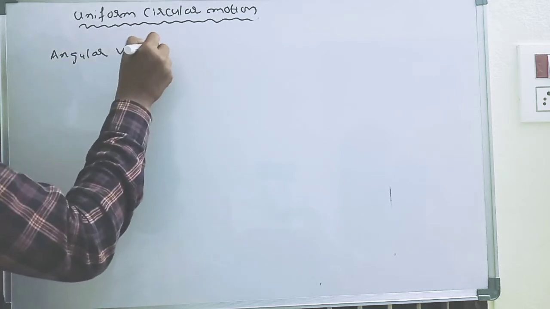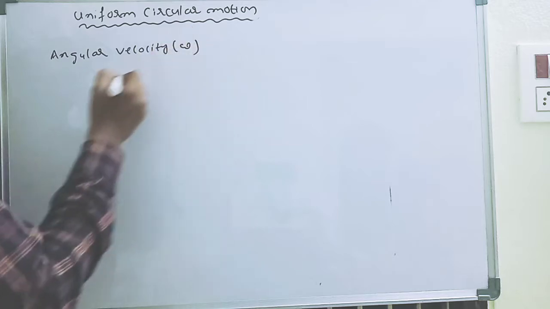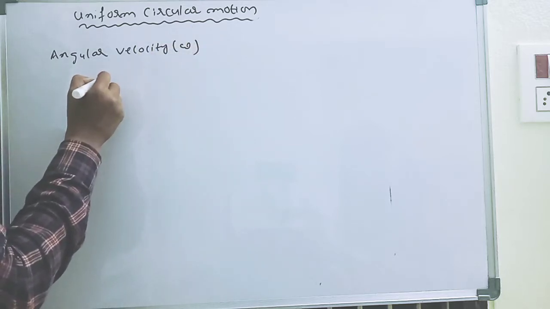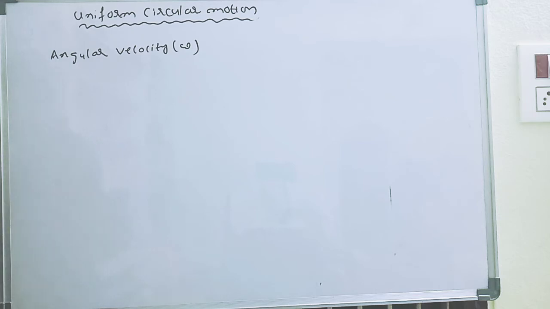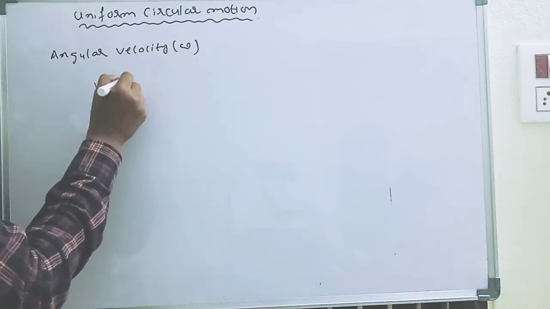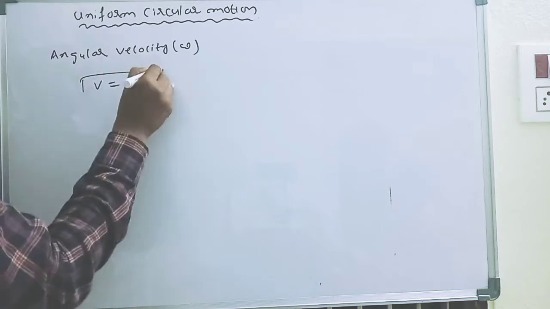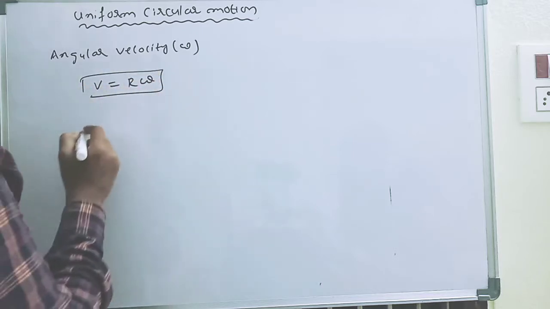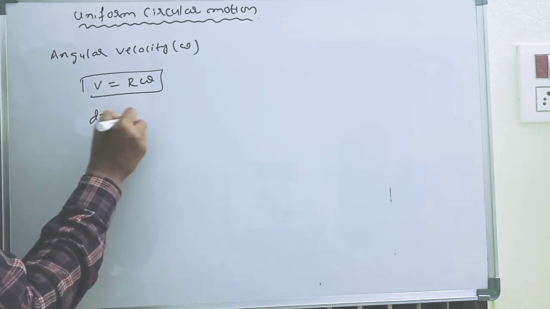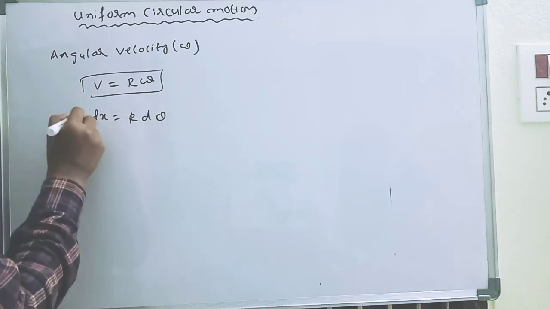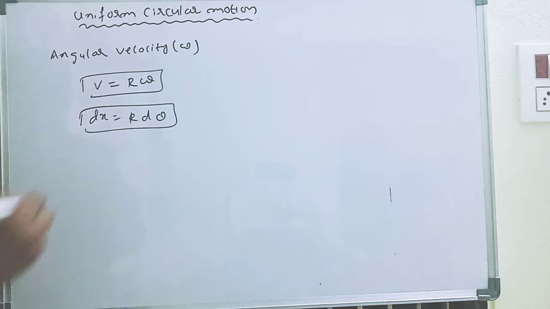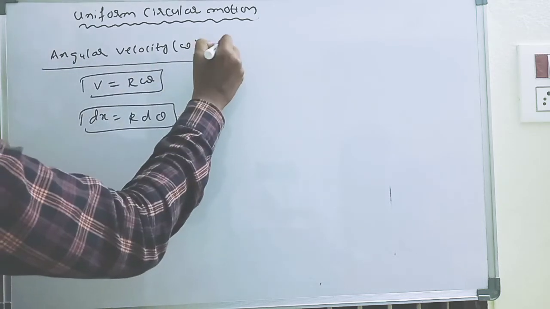Angular velocity omega, and we are getting v is equal to r omega. This is the relation between linear and angular velocity, and displacement dx is equal to r into d theta. This is the relation between displacement and angular displacement.